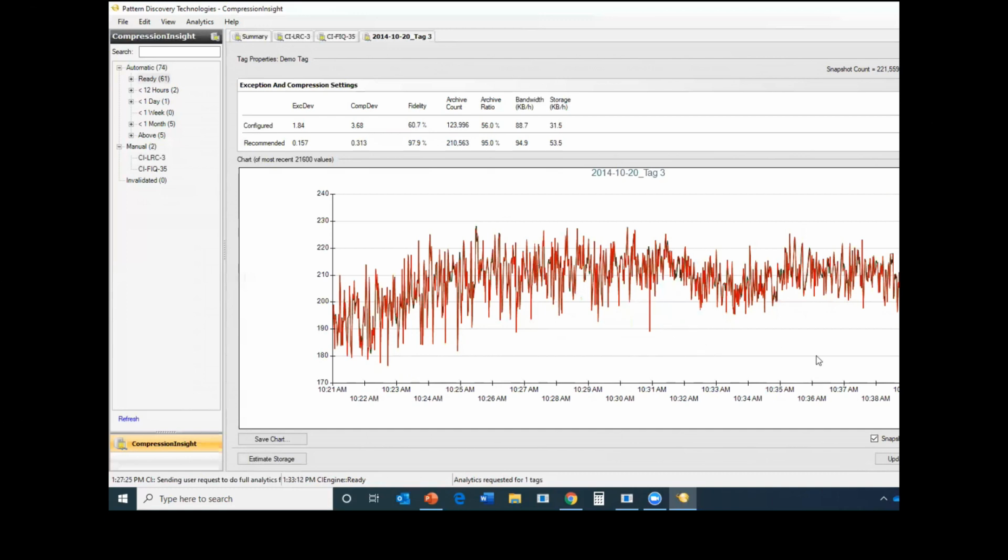This tag is really difficult to compress, and you can see that in spite of an exception in compression deviation in the original archive settings, the original configurations of 1.8 and 3.6, it's changing so quickly that we're only achieving 60% data fidelity because the algorithm is trying to keep up.